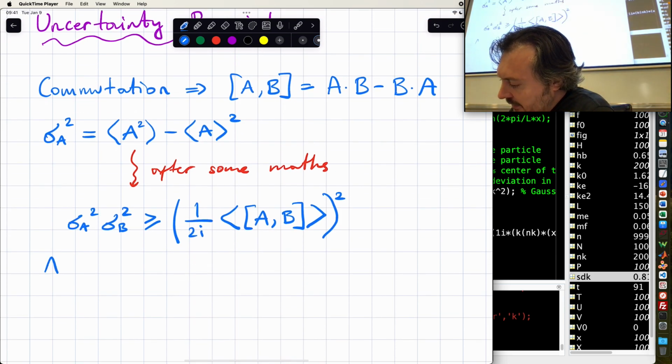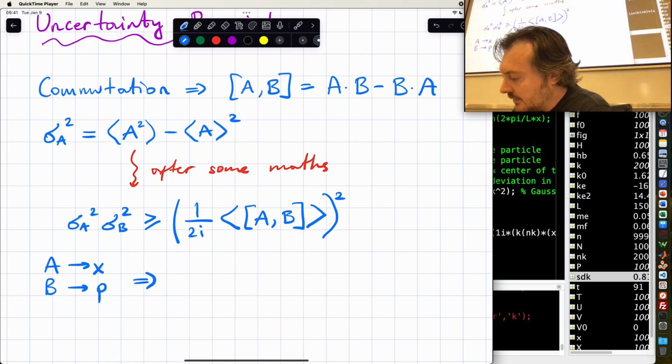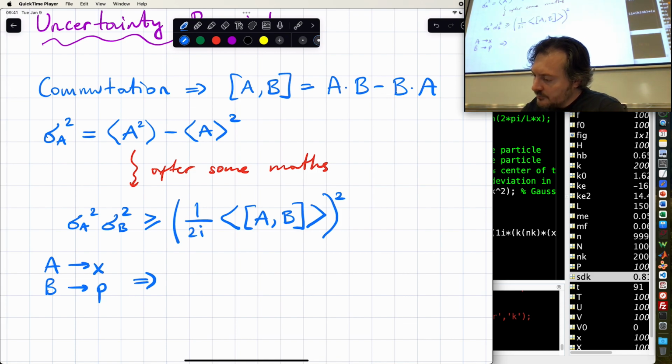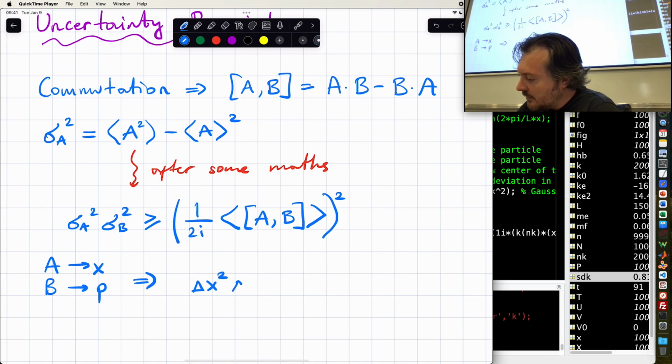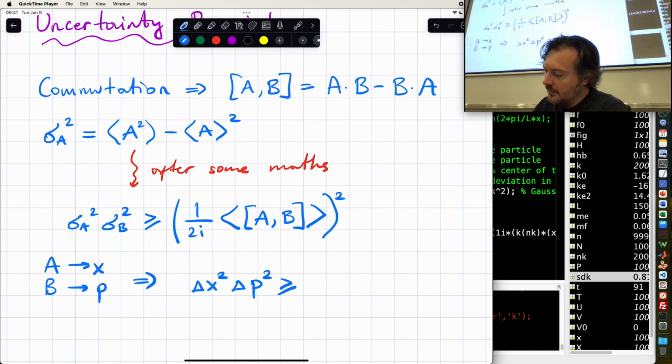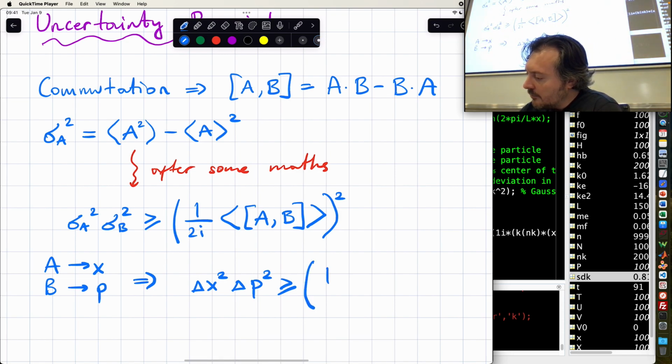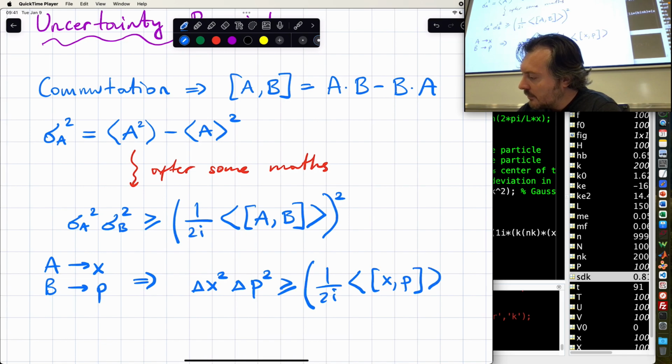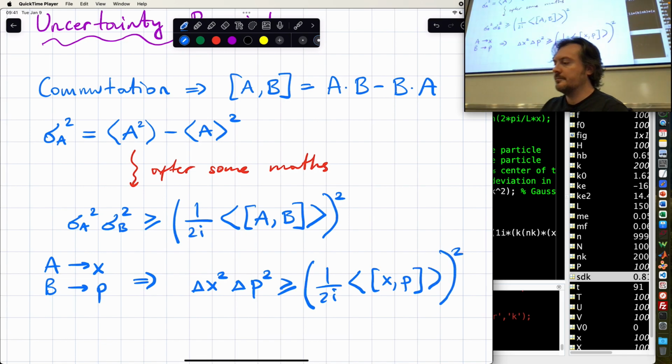Let's say A is position and B is momentum, and plug it in. Then uncertainty in position squared times uncertainty in momentum squared is greater than or equal to 1 over 2i times expectation value of the commutator of x and p, squared. So far, did you follow?